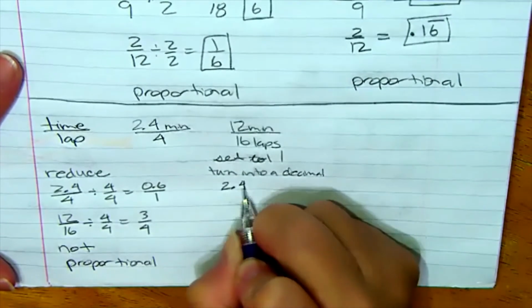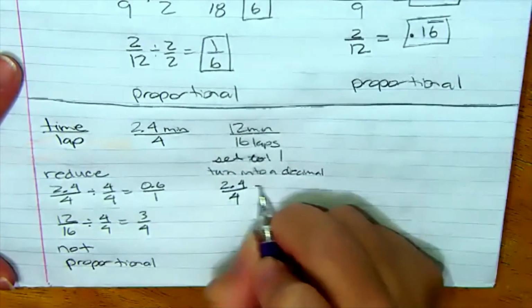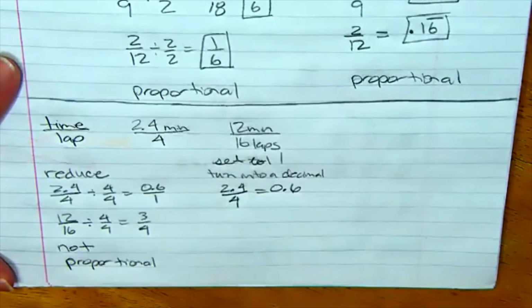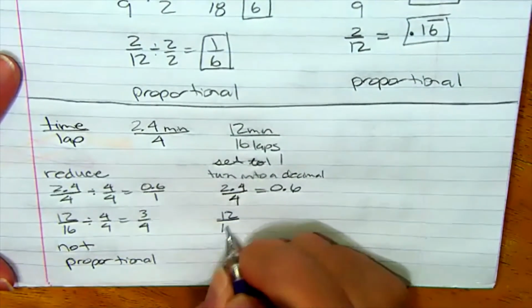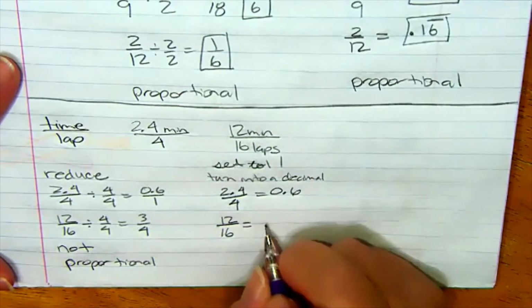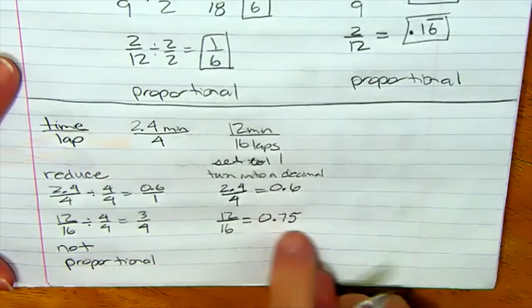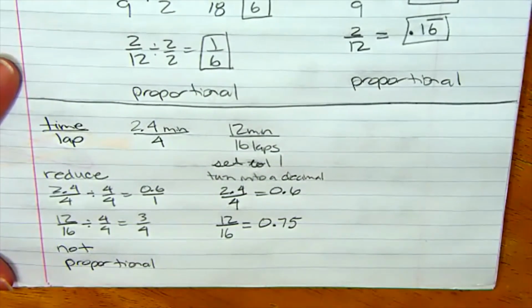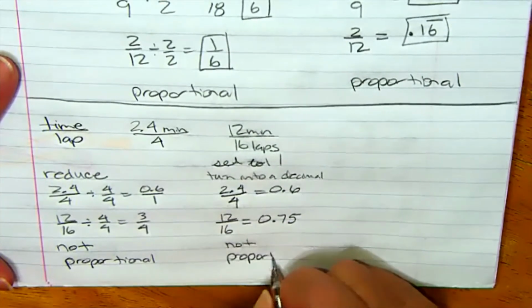So 2.4 divided by 4, 0.6. 12 divided by 16 is 0.75. 0.6 is not equal to 0.75. Not proportional.